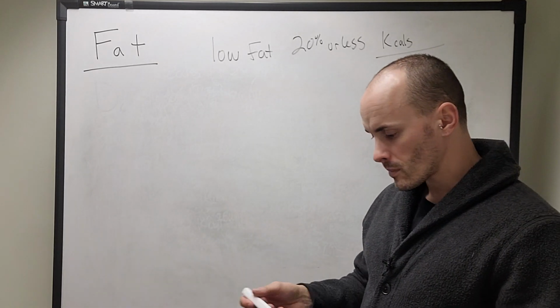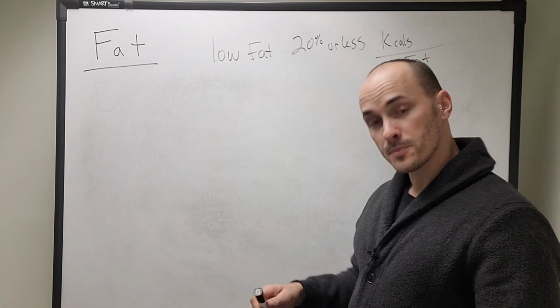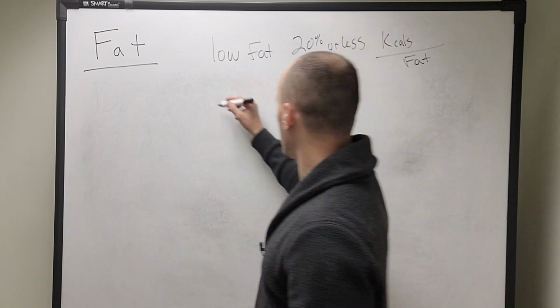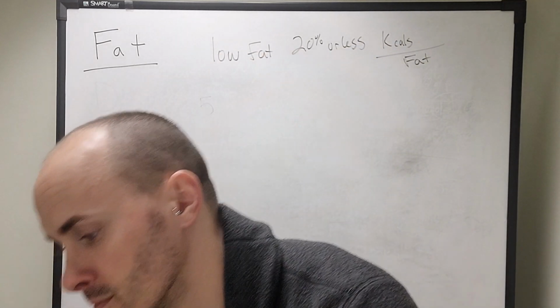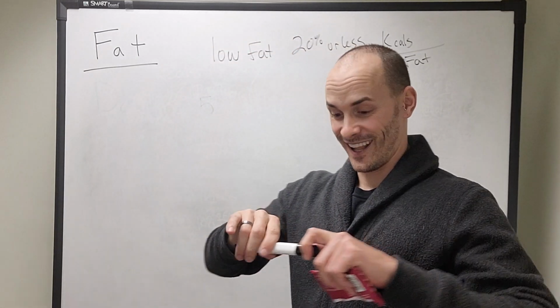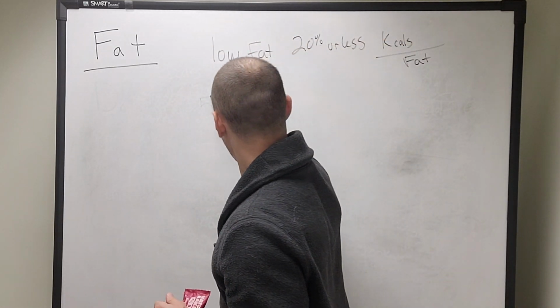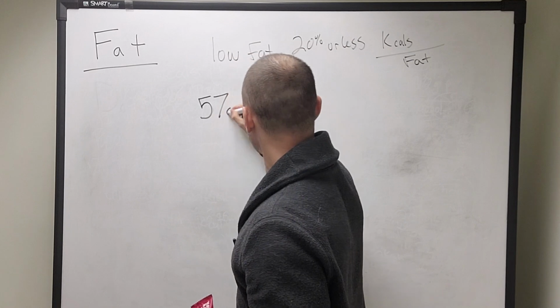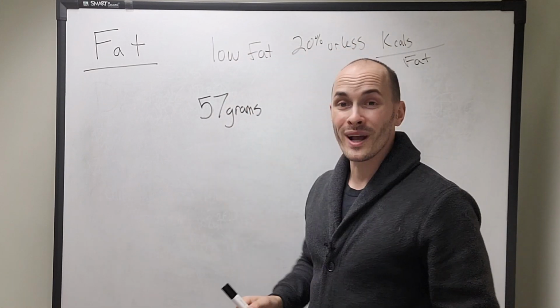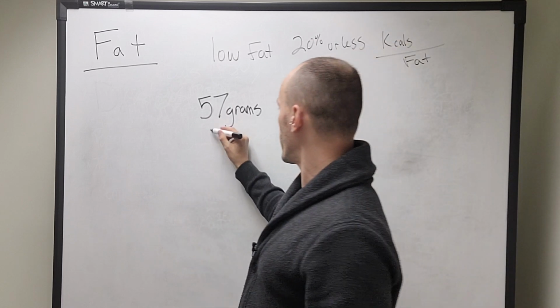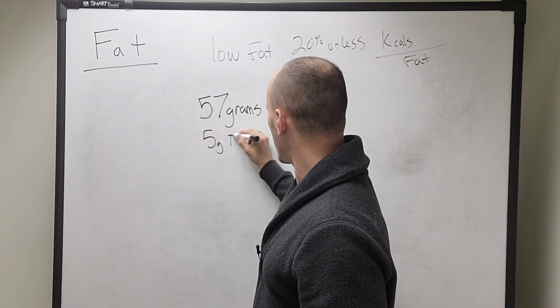So this product here weighs 57 grams. I got a new marker. This is great. Oh, 57 grams. Look at that. This product weighs 57 grams and it has 5 grams of fat.